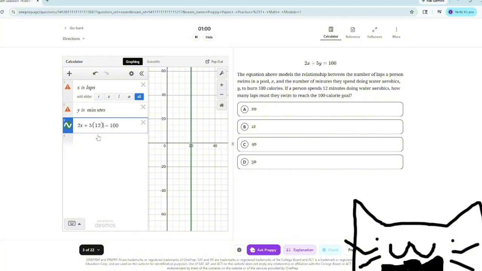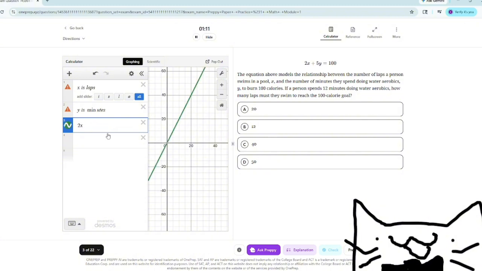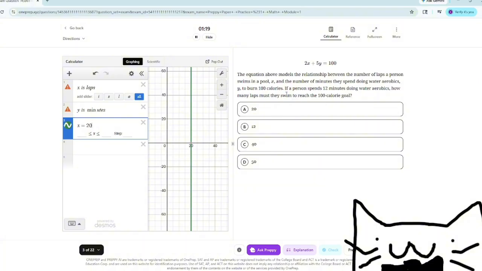So it's 5 times 12, and you get 60. Basic math, you could subtract 60 from here, and then subtract 60 from here, which is 40. So 2x equals 40, and then you divide by 2 to get x by itself, and that is how we'll find the laps, because laps is x.